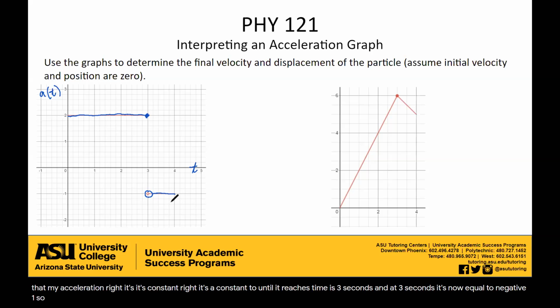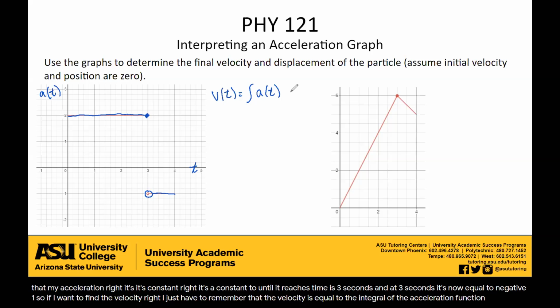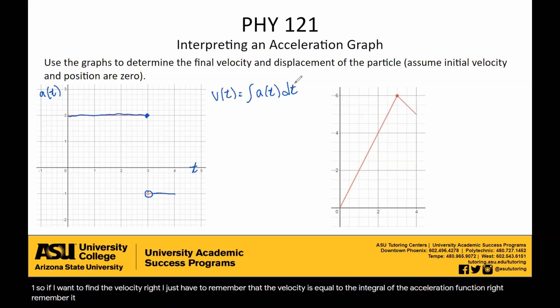So if I want to find the velocity, I just have to remember that the velocity is equal to the integral of the acceleration function. Remember, acceleration is the rate of change of the velocity with respect to time.